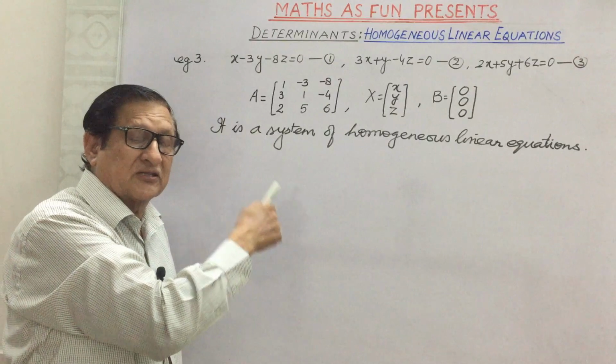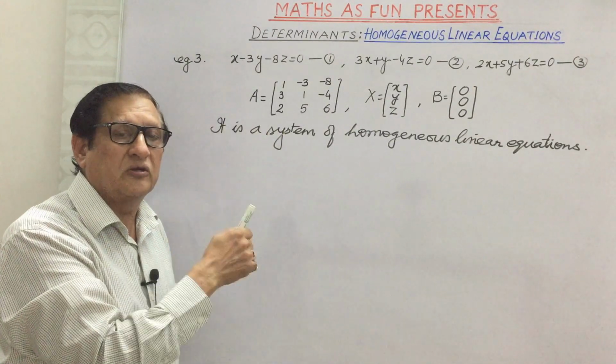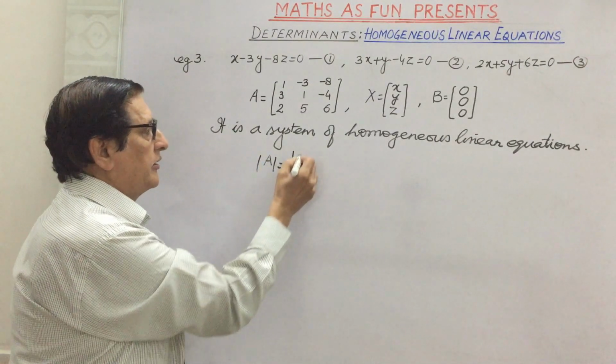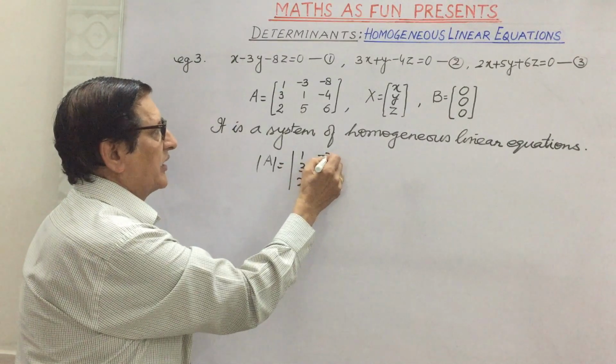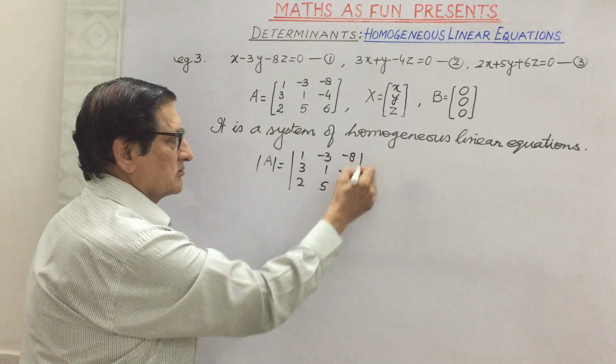And if it is a system of homogeneous linear equations, then we are to find out the value of determinant A first. So we find the value of determinant A. Here it is 1, 3, 2, minus 3, 1, 5, minus 8, minus 4, 6.